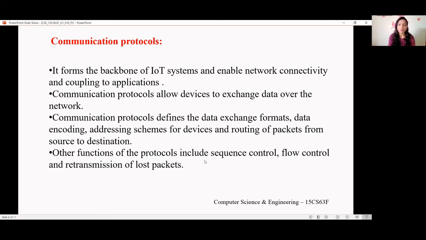Another function of protocol is sequence control. Sequence control means when you have a bigger message, you divide it into smaller pieces. Maybe I have a message, hi, how are you? Just an example. It is cut and sent through the communication cables.